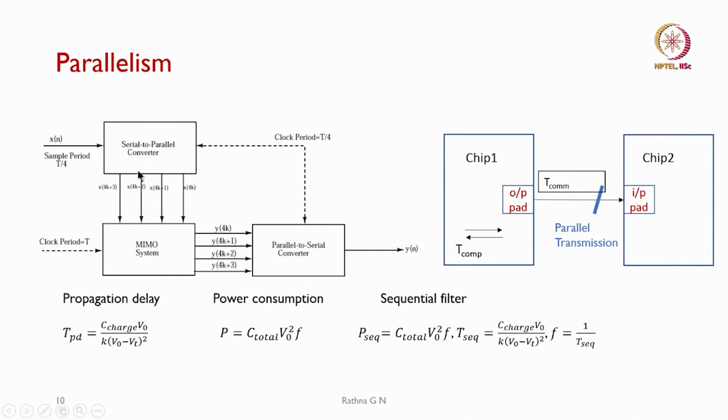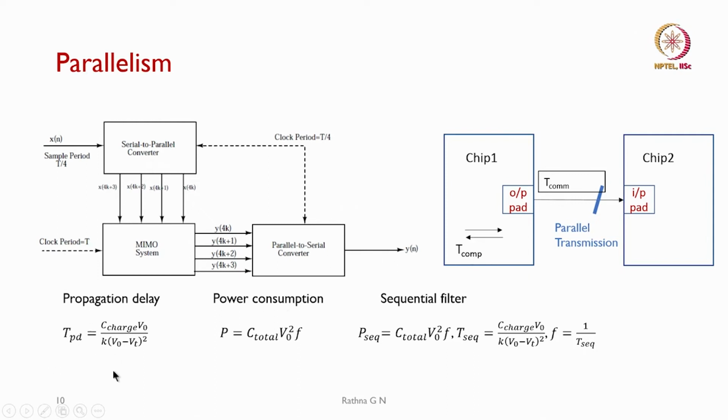You will see how we can convert from serial to parallel structure and then parallel to serial. We said the critical path in this case is the communication. If communication between the 2 units becomes much more than the computation, it is better to go for a parallel architecture. So, that is the restriction.